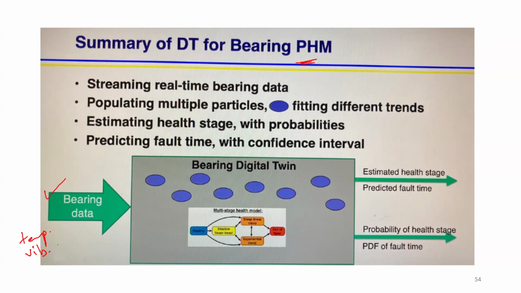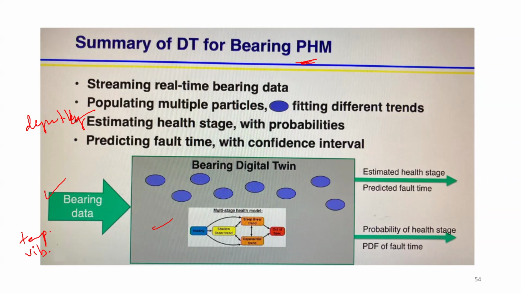Multiple virtual particles are generated, each representing a different hypothesis or trend that the system might follow, such as a shallow or the steepest degradation. As the data is streamed in, the digital twin dynamically estimates the current health of the bearing with the associated probabilities.